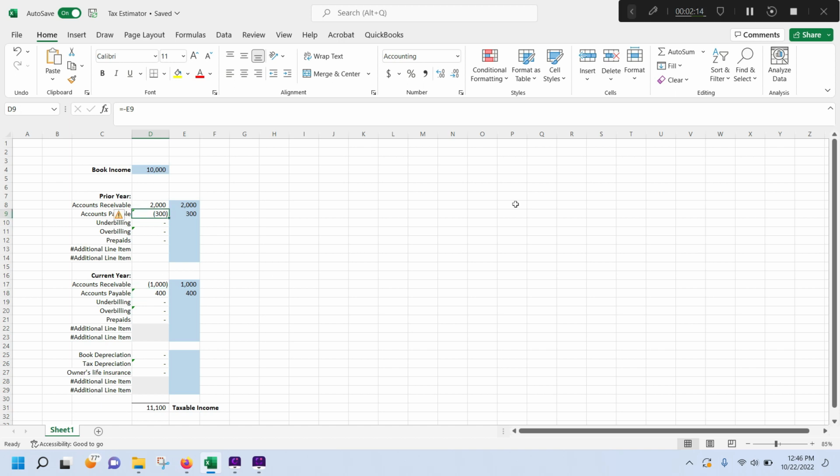And we're reducing it this year, which tells us, again, all things equal, that the net impact to our taxable income is an addition of $100. We're saying that the activity between the prior year and current year results in adding back $100. So on our example so far, we've added $1,100 based off of this conversion.